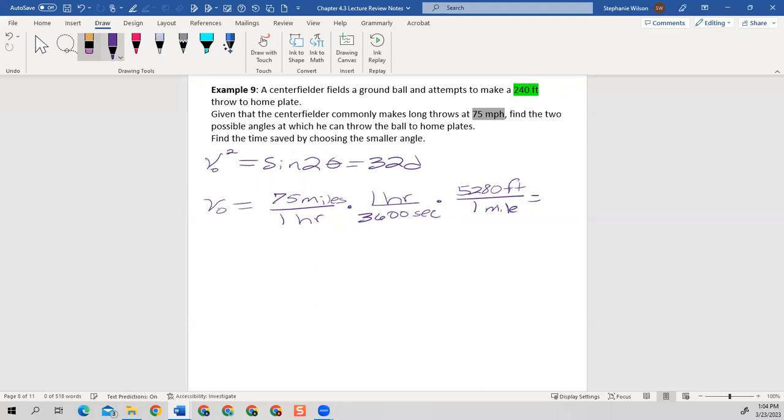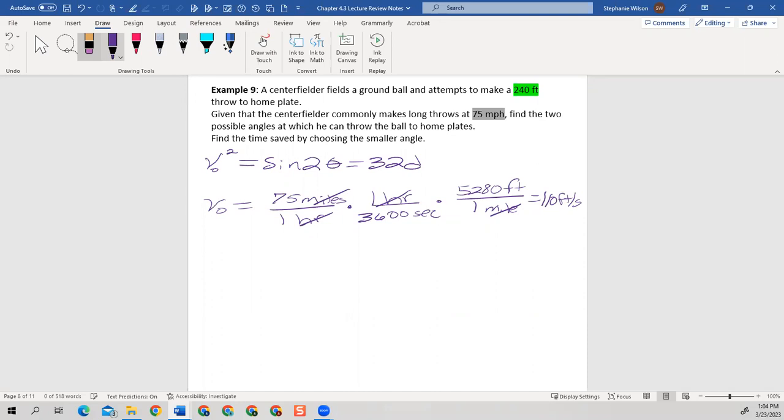So I can go through here and say, oh, look, the mile reduced, the hour reduced, and I'm left with feet per second. That's what we want for velocity. So take that 75 times 5280, and then we're going to divide it by 3600, and we get 110 feet per second. Okay.